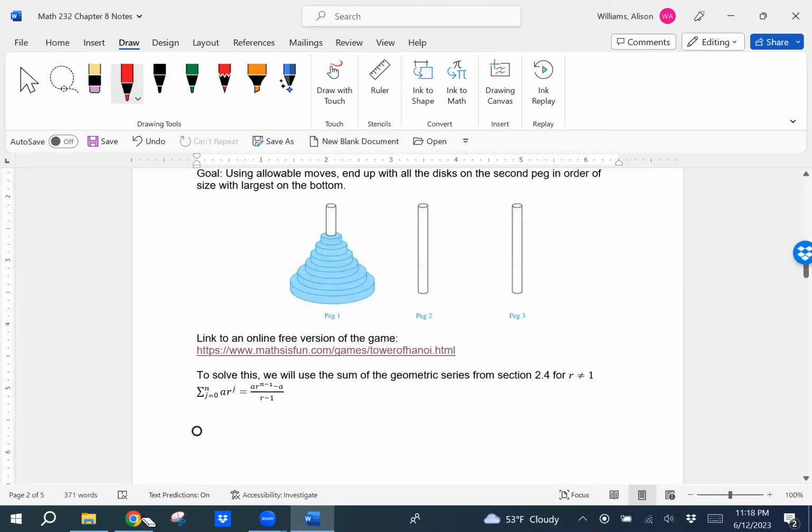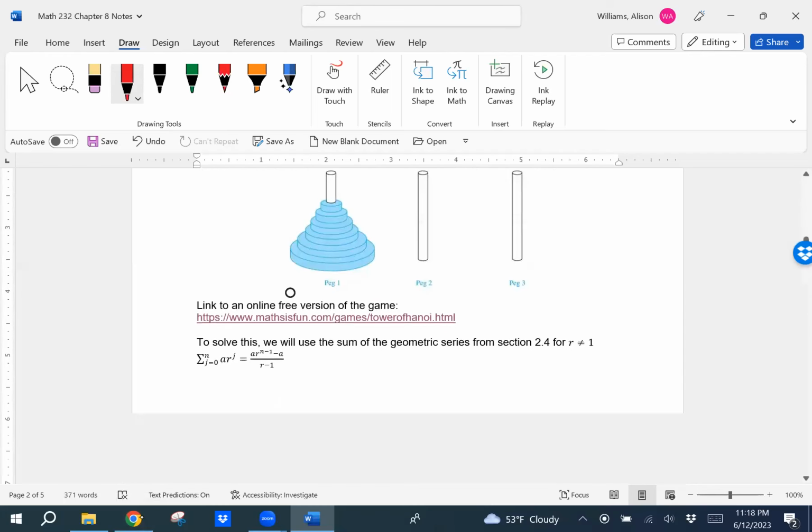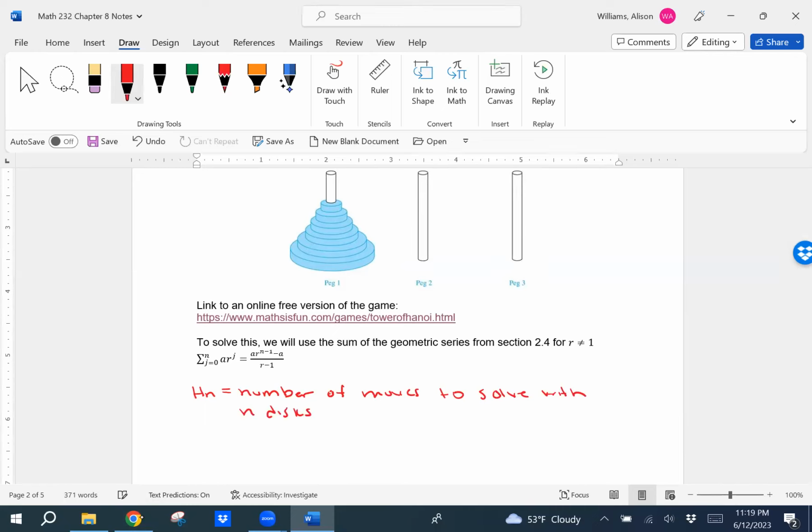H sub n is going to be what we're after. H sub n is the number of moves to solve with n disks.